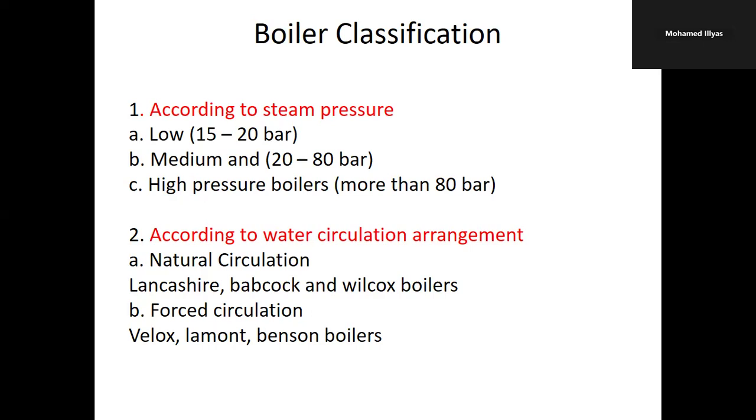So we call it high pressure boilers. That would be more than 80 bar pressures. And if the pressure range is between 20 to 80 bar, then we'll call it medium pressure boilers. And if it is quite low, between 15 to 20 bar, we'll call it low pressure boilers.